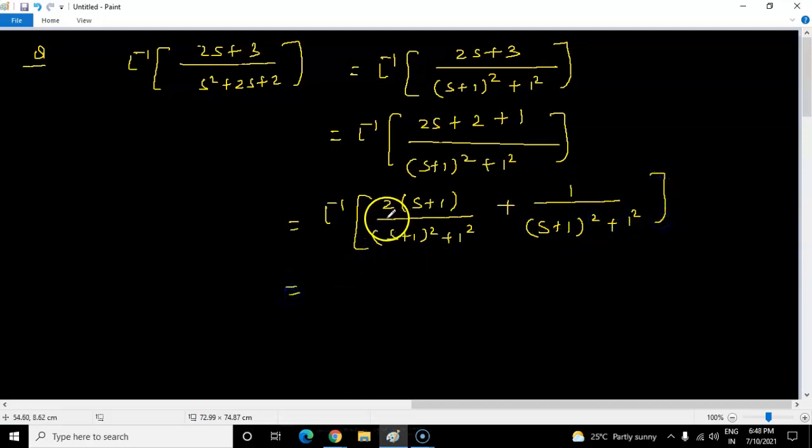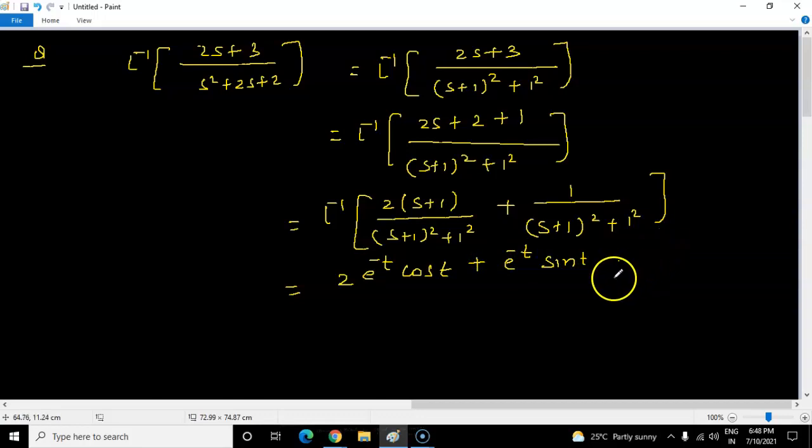So here if you see, this 2 is as it is only a constant, and s by s square plus a square I can write as cos of at, and that a is replaced with s minus minus 1, so you can write e to the power minus t and cos of t, and here this one is a plus, and s replaced with s minus 1, so plus I can write e to the power of minus t sine of t.